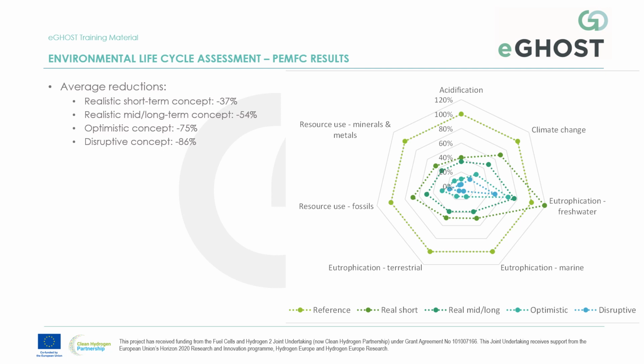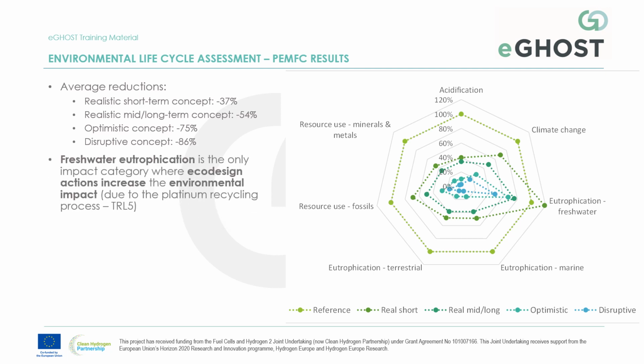The highest reduction is for the acidification indicator, and the lowest for the eutrophication freshwater, where for the short term it actually increases if you use the eco-design actions, which is a bit concerning, but this is due to the platinum recycling process, which is at low TRL. So this is the background for why we have an increase in this area.